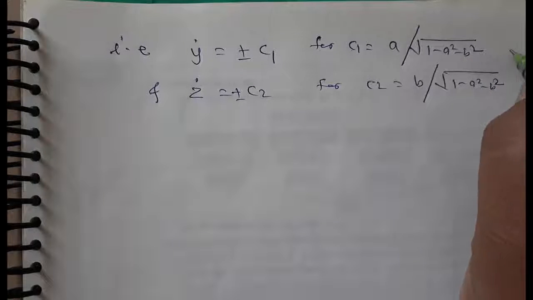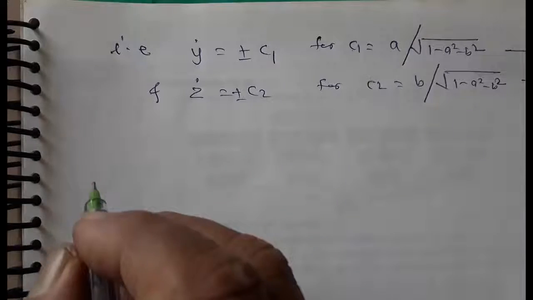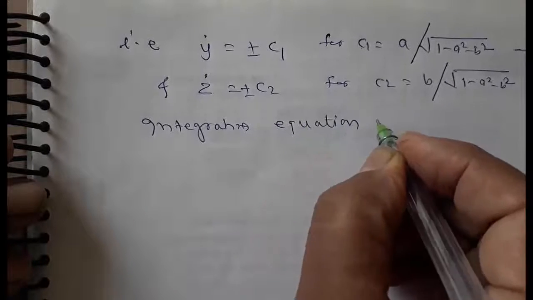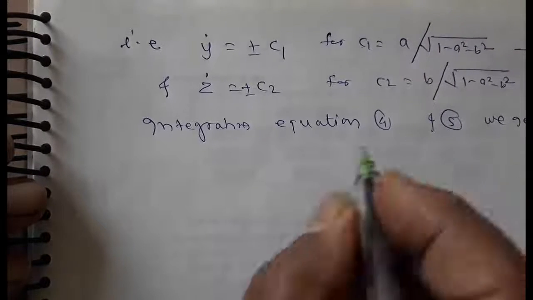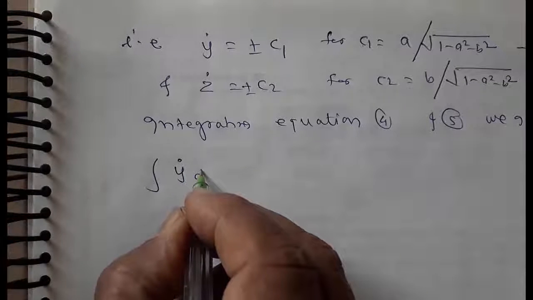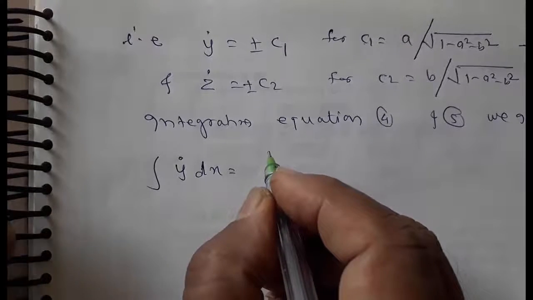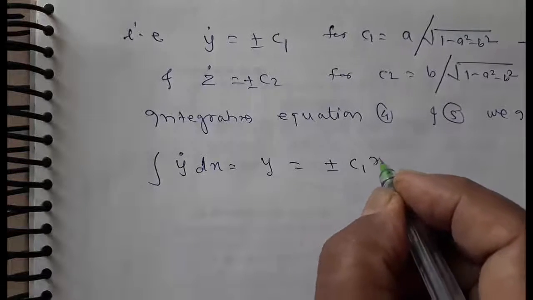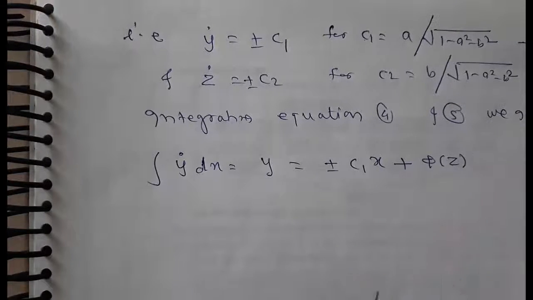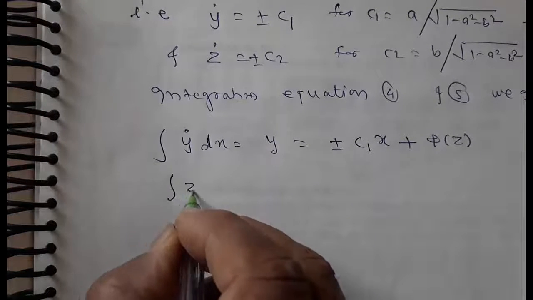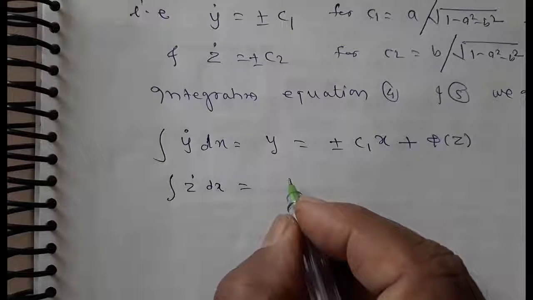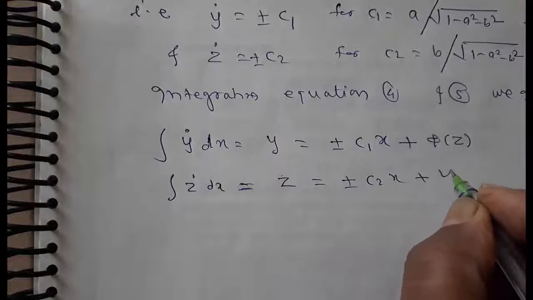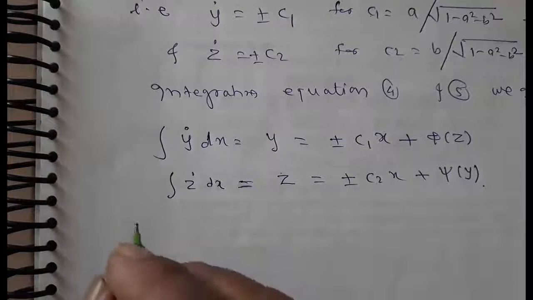If we integrate equations 4 and 5, the integration of y dot dx gives y equal to plus minus c1 x plus some function phi of z, because here z is treated as constant, and the integration of z dot dx gives z equal to plus minus c2 x plus psi of y, where y is treated as constant.